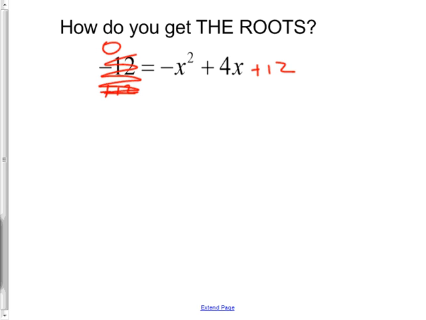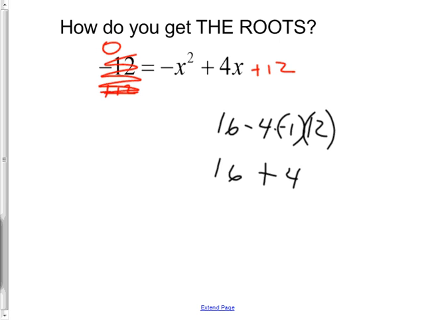Watch this. It isn't that bad. b squared is 16 minus 4 times a, which is negative 1, times c, which is 12. That's b squared minus 4ac. That's 16 plus 48. That's 64.